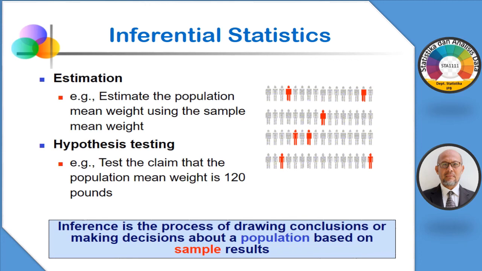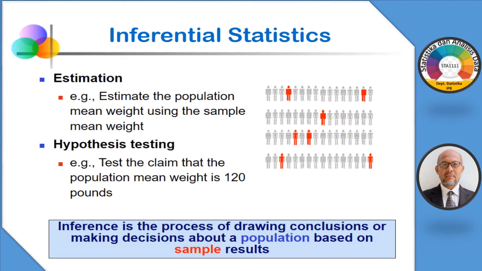Another example of inferential statistics is estimating the population mean weight using the sample mean weight. And in hypothesis testing, we test the claim that the population mean weight is 120 pounds, for example. This is also another example of inferential statistics.